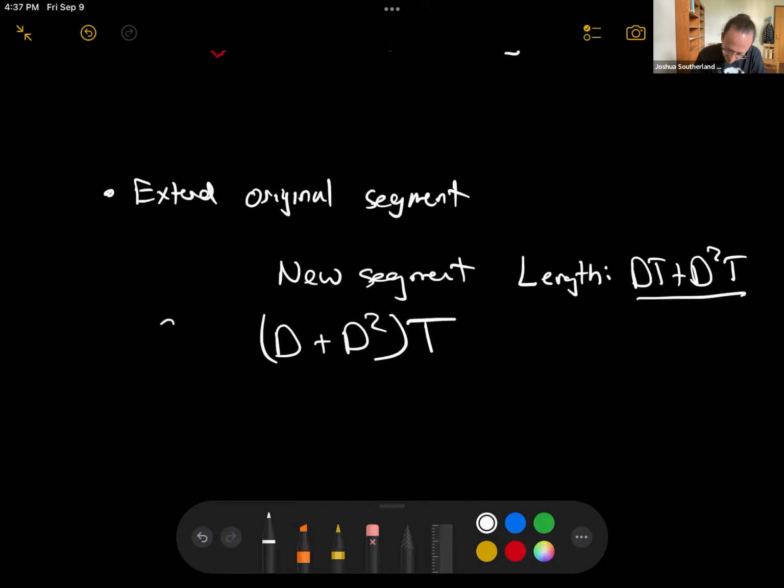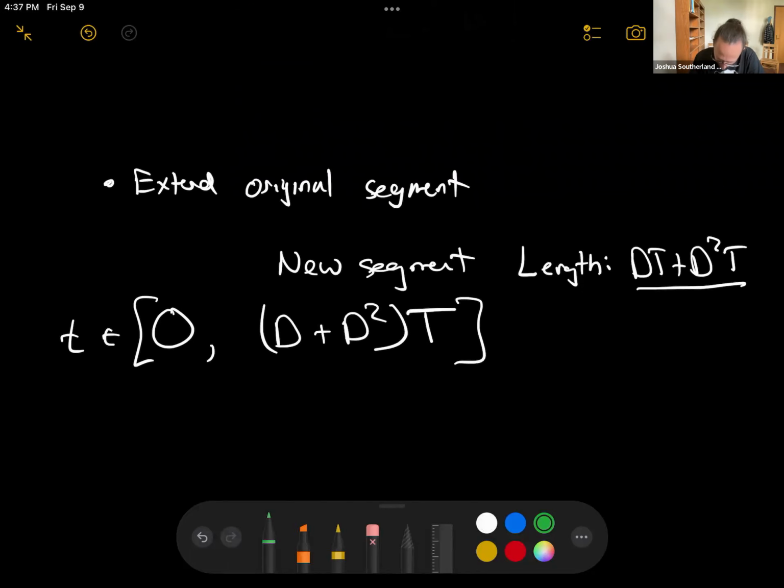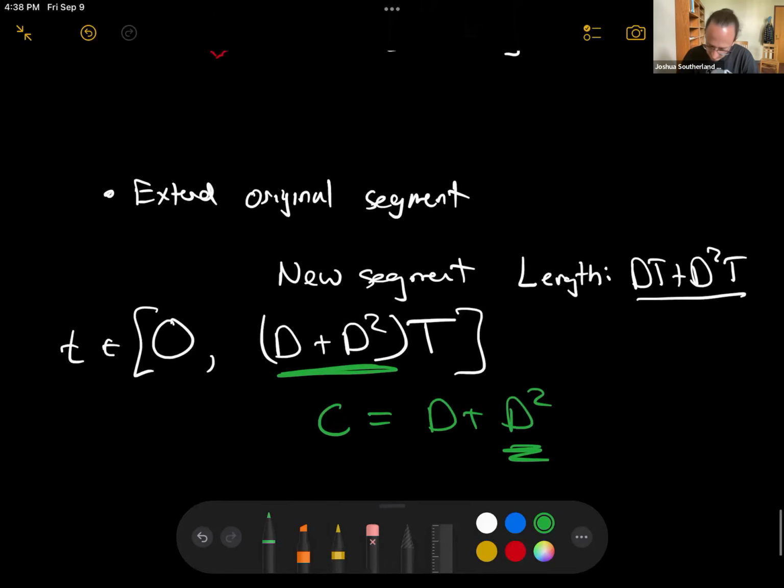And we can imagine t is flowing along the segment from 0 to this point. And so we're saying we need to pick c equal to d plus d squared. We can sort of see how the square of the diameter is the thing that's really controlling this. Okay.